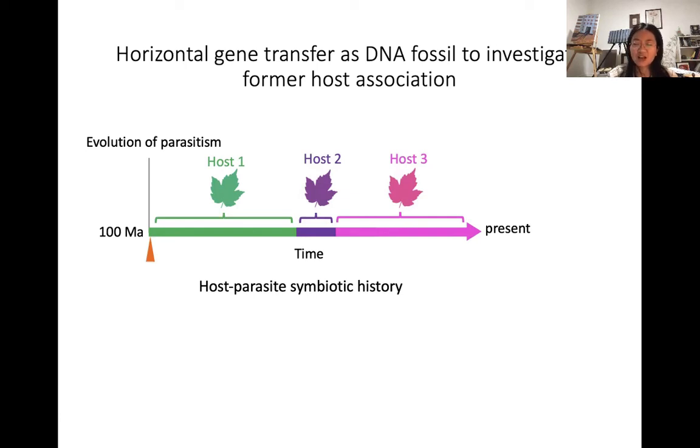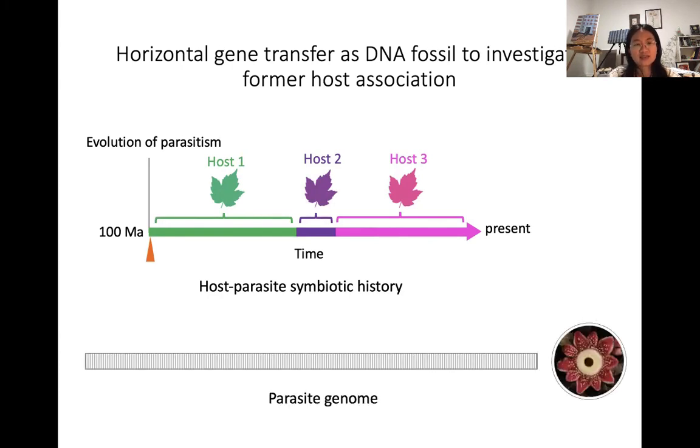Usually, characterizing extinct host-parasite associations is extremely difficult, especially in the absence of fossil evidence. But here, horizontal gene transfer really provides a unique opportunity because it can serve as a DNA fossil. So let's assume that a parasite has been associated with 3 different hosts in the past.